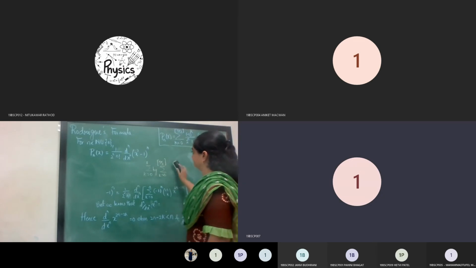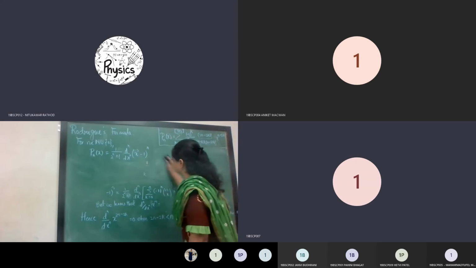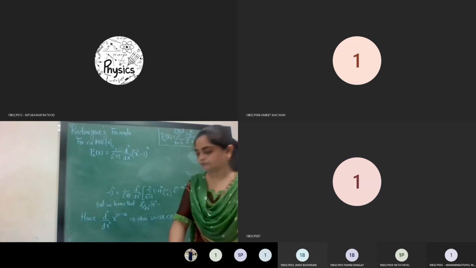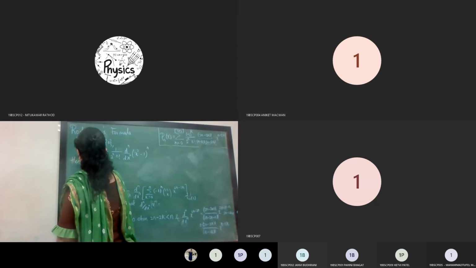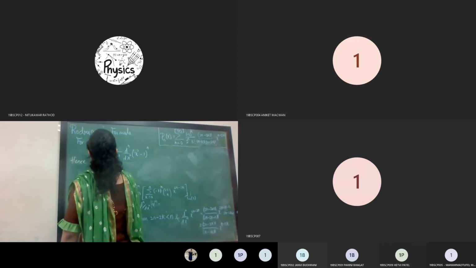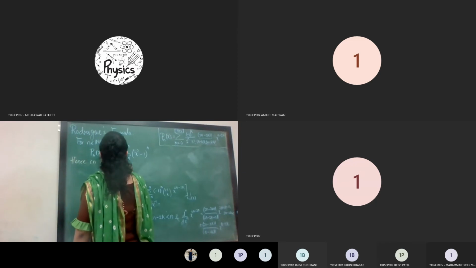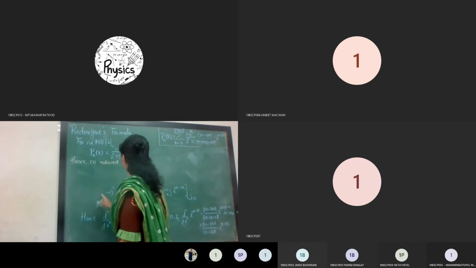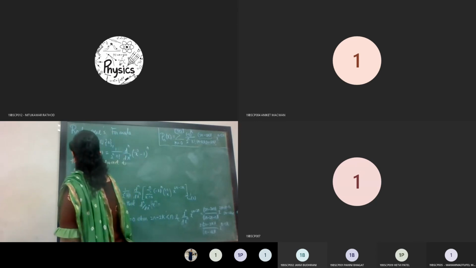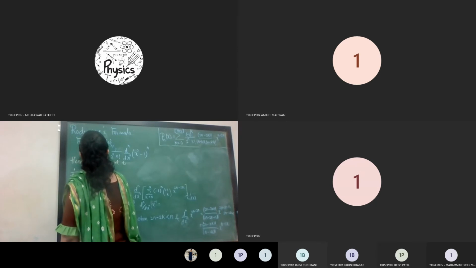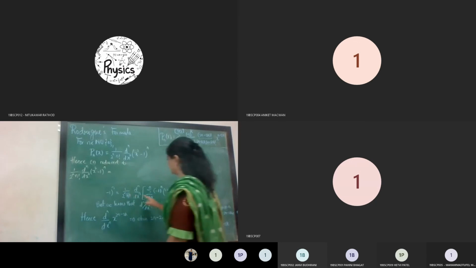So therefore 1 reduces to, hence 1 reduced to, the left hand side if you see, the left hand side was this one: 1 upon 2 raised to n factorial, nth order derivative of x square minus 1 raised to n, is equal to this one.